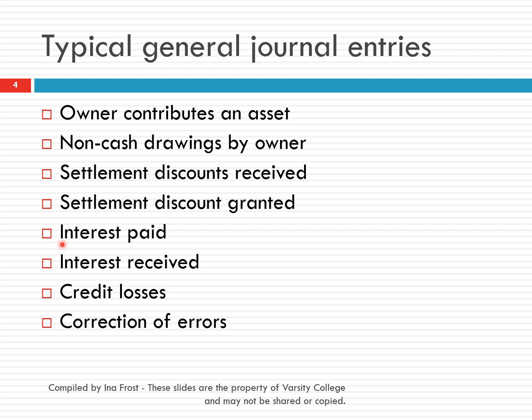We have the interest paid and received. This will not be the interest paid or received to the bank or on a loan, but these will be the ones charged to debtors, or that's charged by a creditor on our account. And then credit losses will be recorded in your general journal, and also the correction of any errors. So these in the first semester are your typical entries that we will record in the general journal.